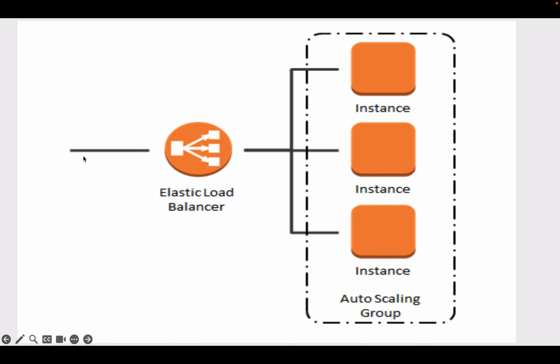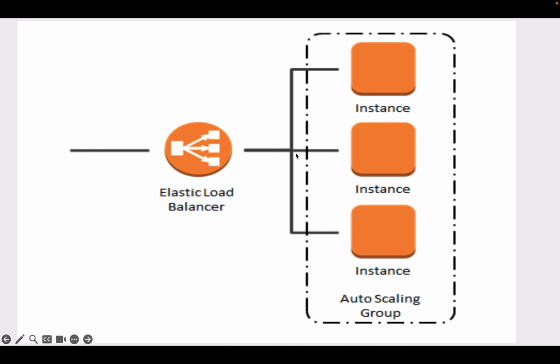The elastic load balancer distributes the traffic, and whenever an instance has to be removed from the group, it should take some time to deregister itself and finish all its current work.